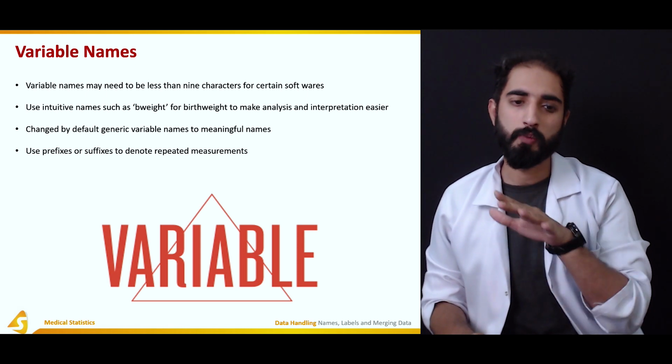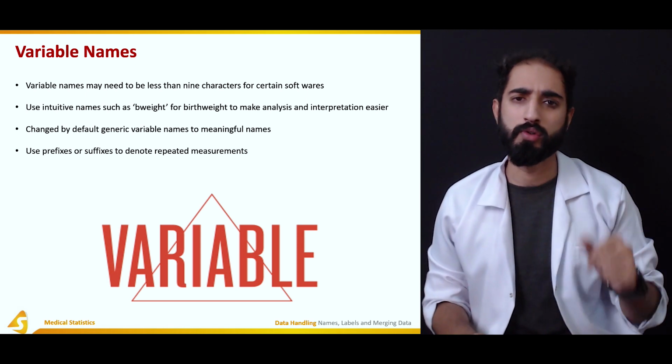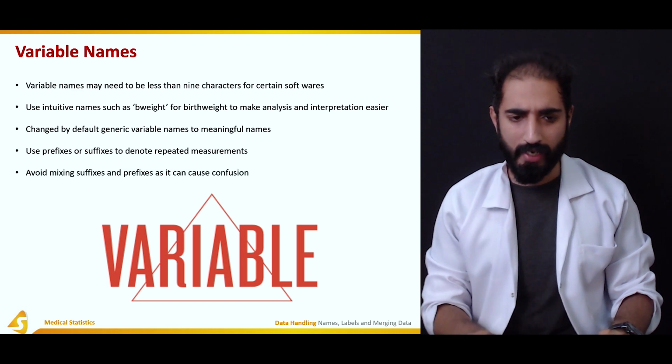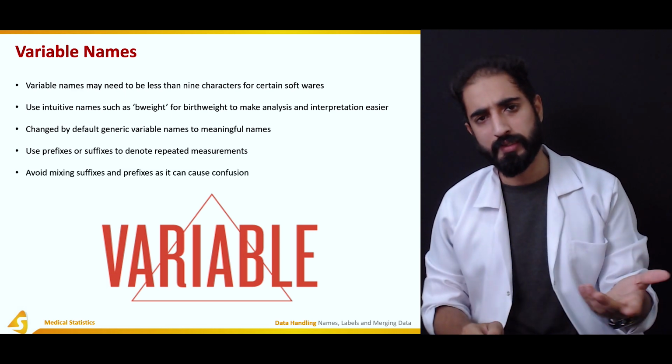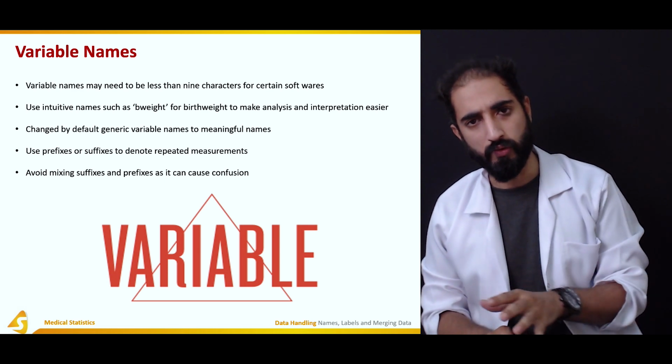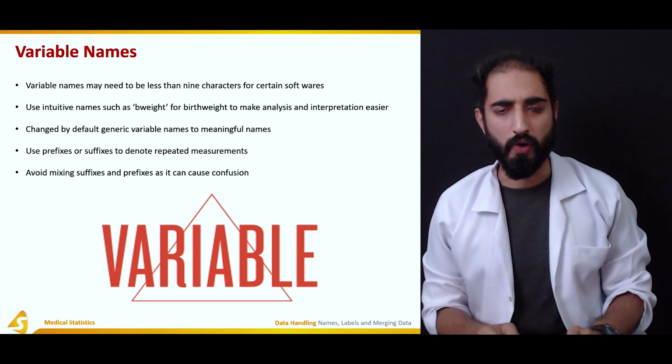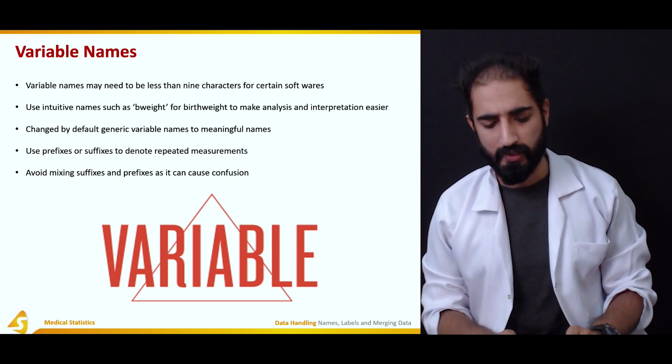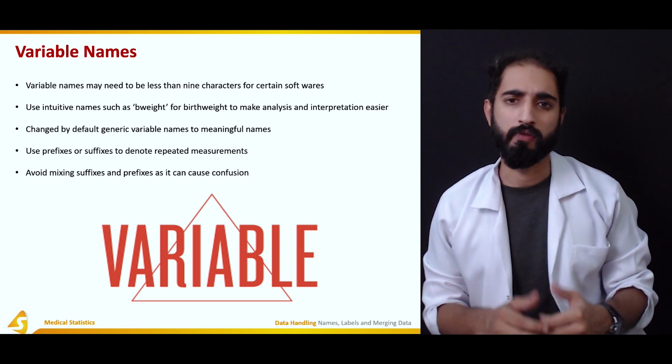So we can use prefixes like this, and we can also use suffixes. But keep in mind, if you are using prefixes, then just use prefixes, and if you are using suffixes, then just use suffixes. Don't mix them up, because it is going to make it very confusing.